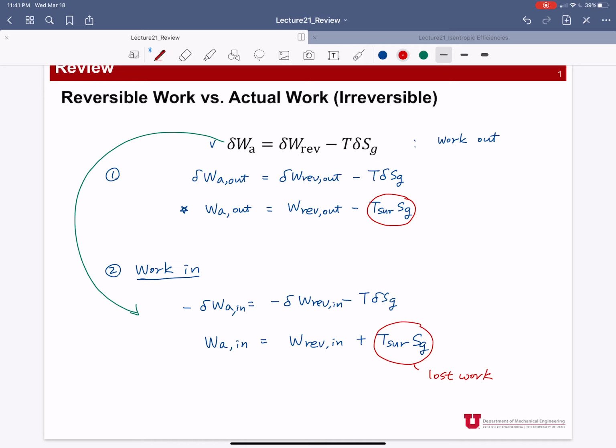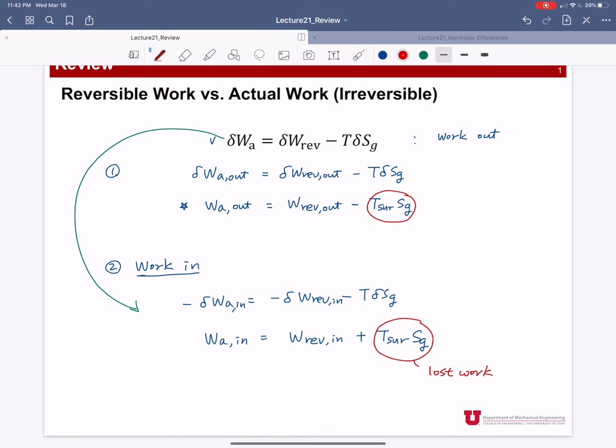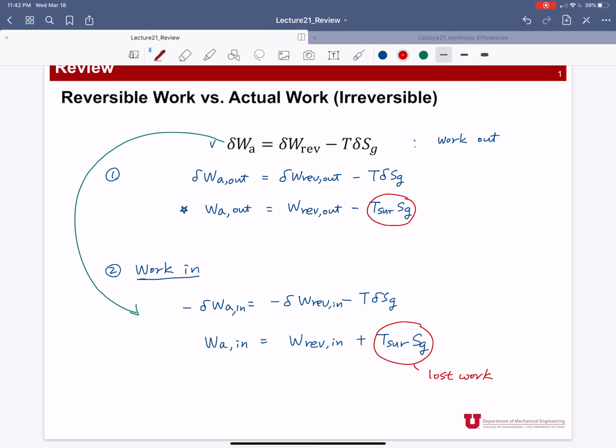But if you think about the heat case, exactly the same expression is used to compare the actual heat and reversible heat. So sometimes it doesn't make sense to call the term T surroundings times Sg lost work. To make it a general concept, we now call it irreversibility.